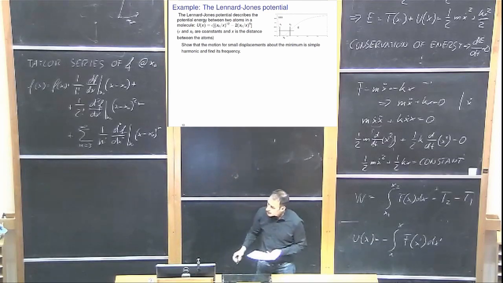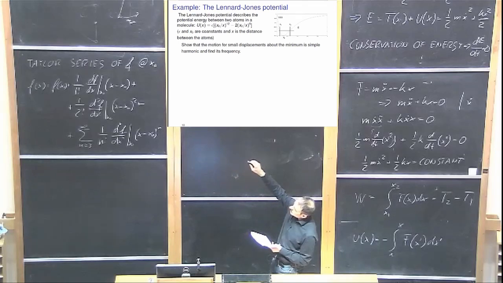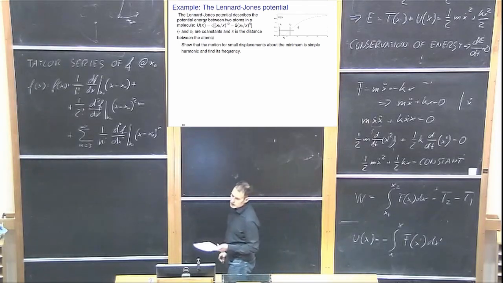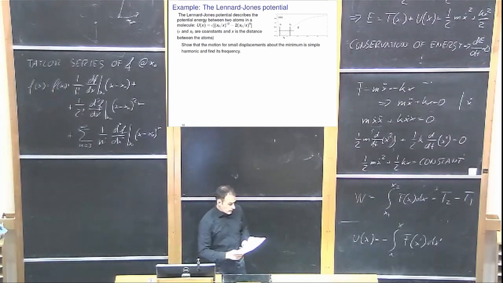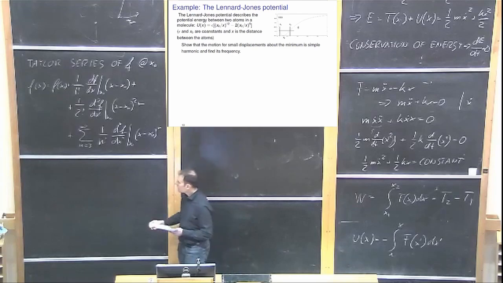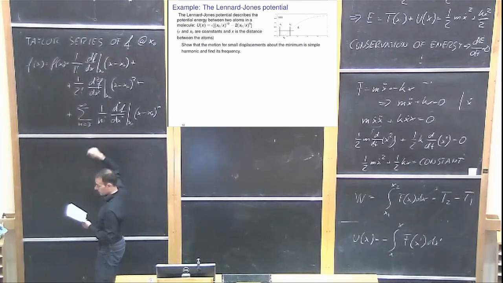And the question is, show that the motion for small displacements about the minimum is a simple harmonic oscillator and find its frequency. Now, once you set it up well, that is mainly an algebraic exercise.